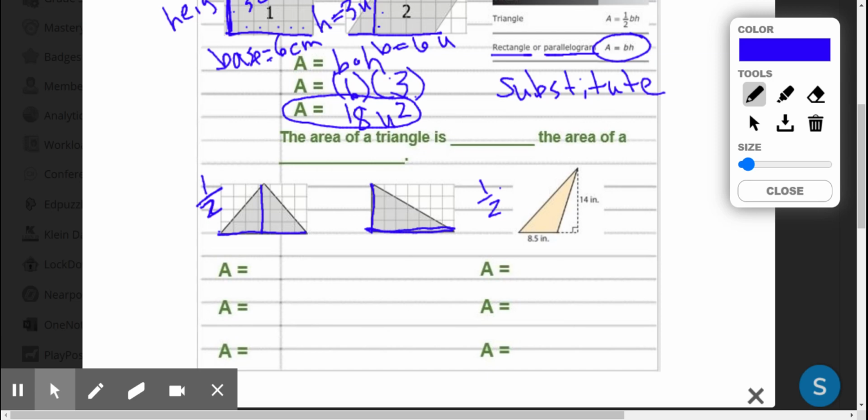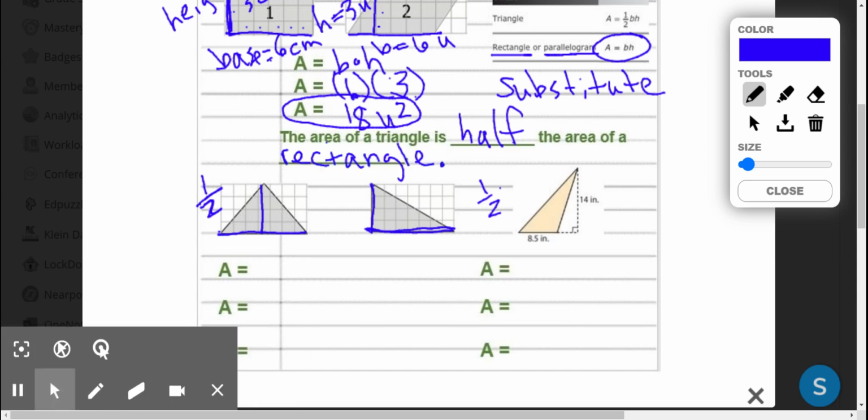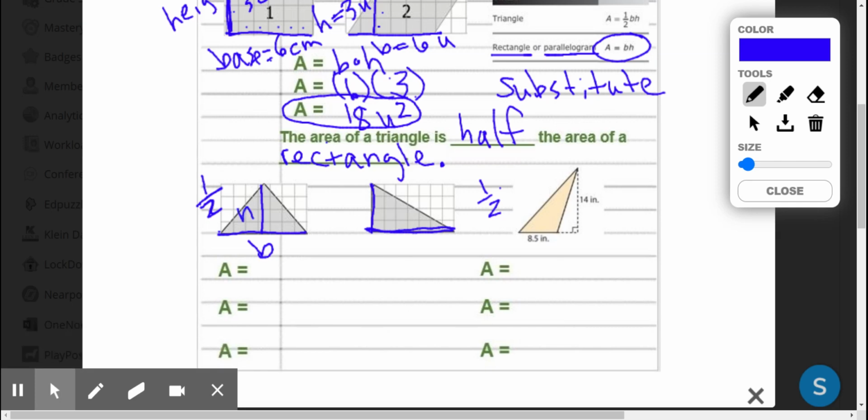So the area of a triangle is half the area of a rectangle. The area of a triangle is 1/2 the area of a rectangle. So we're still going to use base times height. So we have base and height, base and height, but then we're going to take half of it, and that's our formula right up here on top.